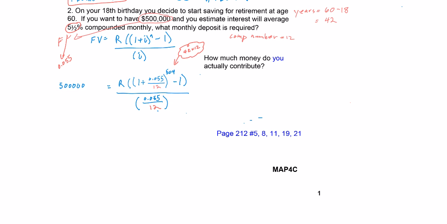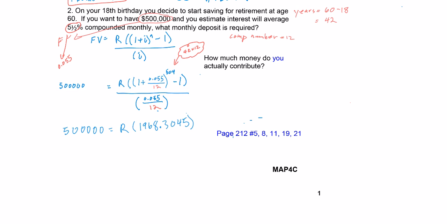Hit equals, and you're going to get the following value. So R is going to have beside it 1968.3045, and we have 500,000 on the right side.